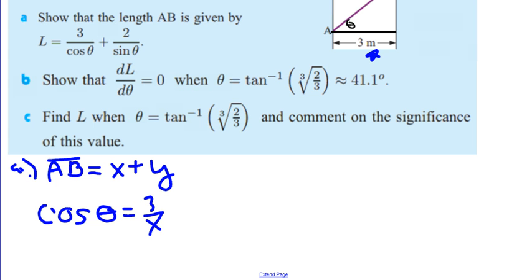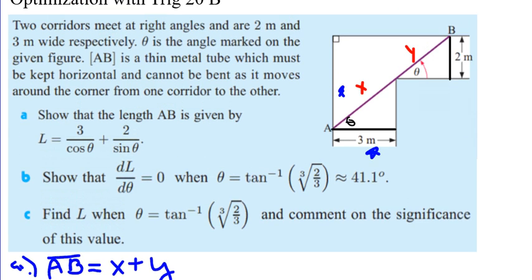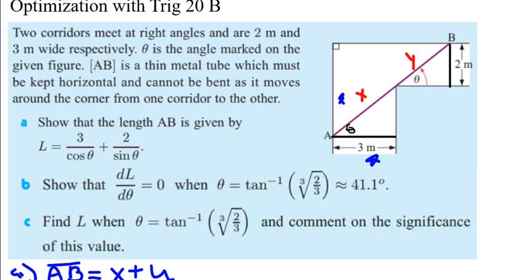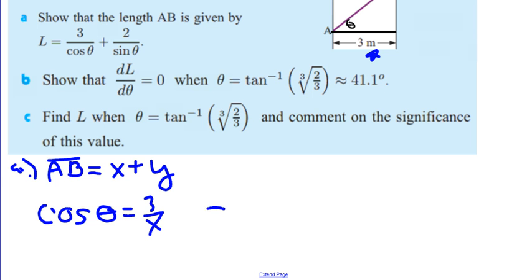And then for Y, this is my opposite side, this is my hypotenuse, so opposite and hypotenuse uses sine. So therefore the sine of theta equals 2 over Y. So now I just solve both for X and Y, and I can substitute them back into this equation.